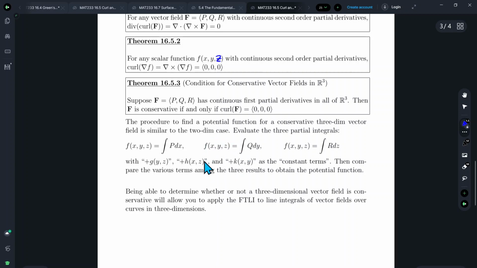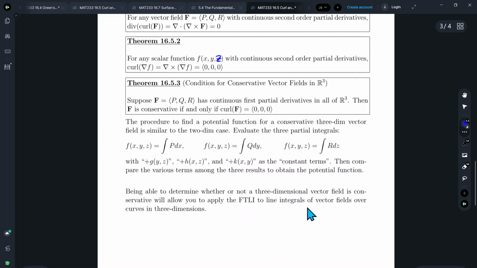And so if you're able to determine whether a 3-dimensional vector field is conservative or not, that will allow you to apply the fundamental theorem of line integrals to curves in 3 dimensions. So we're not going to look at an example, but the procedure will be the same, right? So presented with a 3-dimensional vector field, if you find that it's conservative through this calculation here, then proceed to find the potential function.